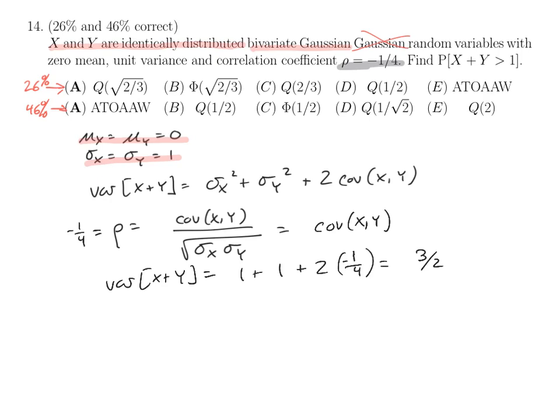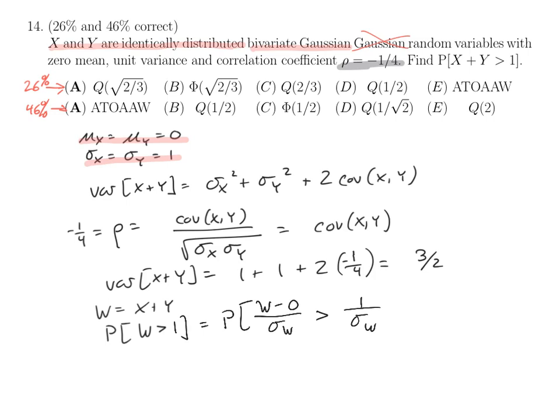And so now we're kind of all done here. If I say w is x plus y, then the question we're asked is the probability w is strictly greater than 1, right? Which is the probability w minus its mean, which is 0, divided by its standard deviation, is greater than 1 over its standard deviation.